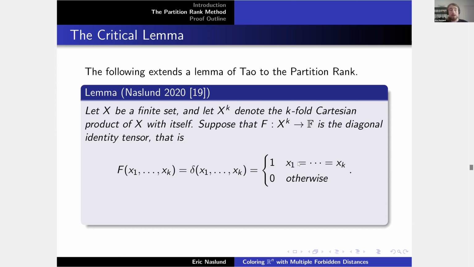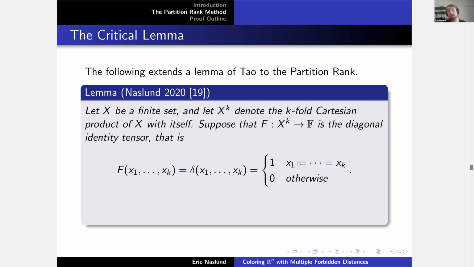If we have a finite set X and take the k-fold Cartesian product of X with itself, and look at the function f from X^k to some field F that is the diagonal identity tensor, it is 1 when they're all equal and 0 otherwise.